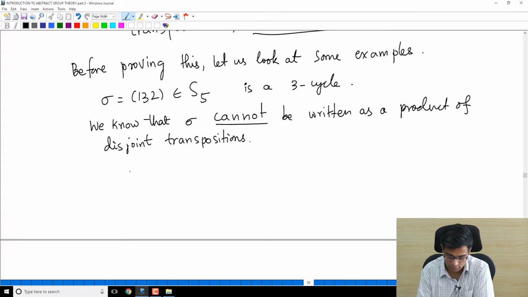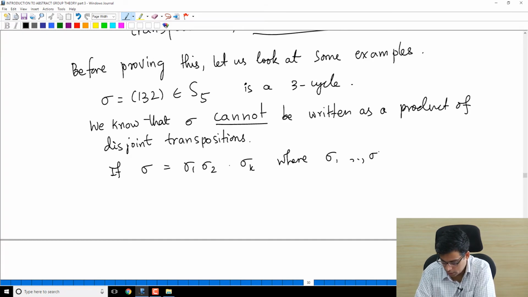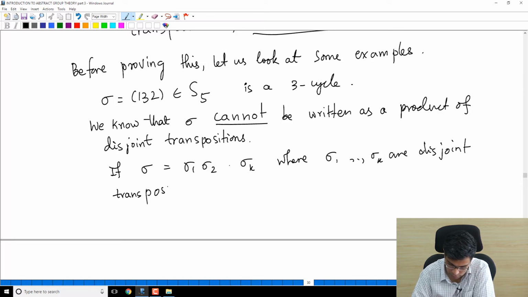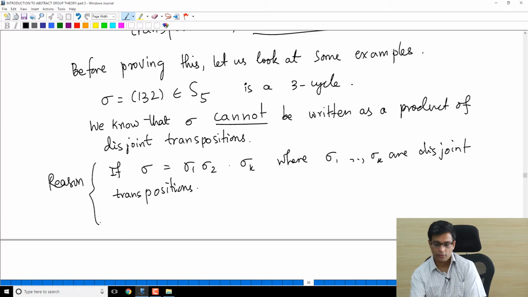Suppose it can be written. So if sigma is sigma 1, sigma 2, up to sigma k, where sigma 1 to sigma k are disjoint transpositions. So that is the reason why we can't write sigma as a product of disjoint transpositions.